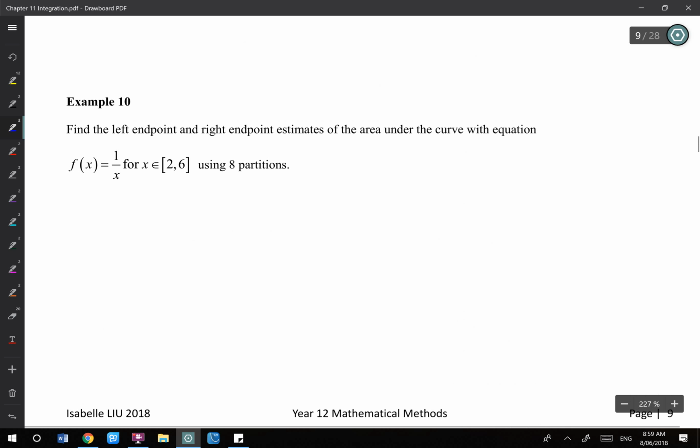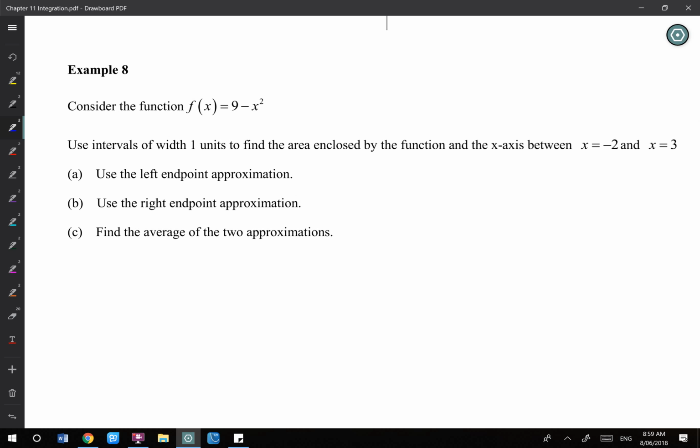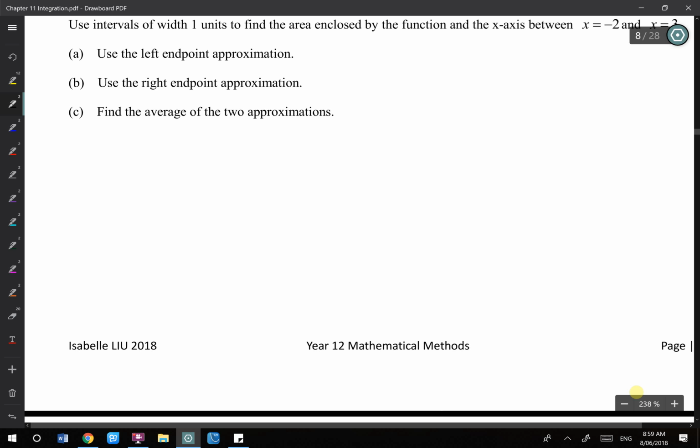Example 8. For example 8, can you sketch 9 minus x squared first? Sketch 9 minus x squared first. If you have space, sketch 2 of that. Better sketch it with the same scale.